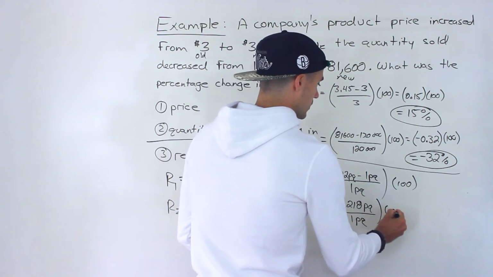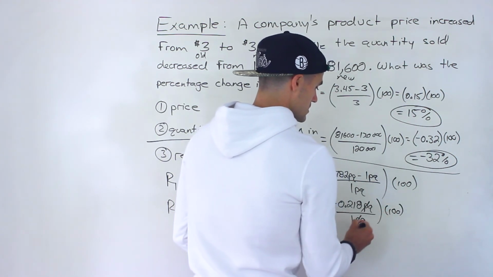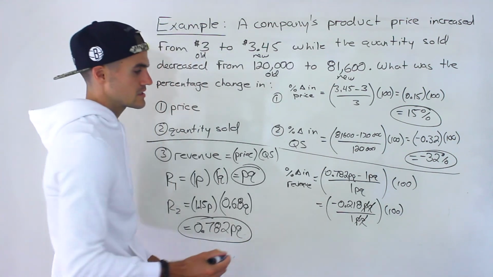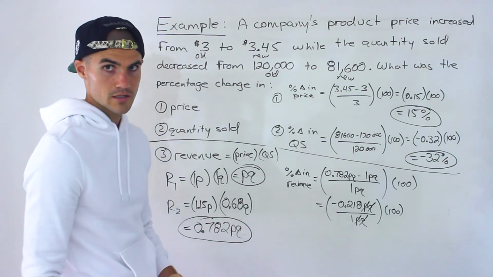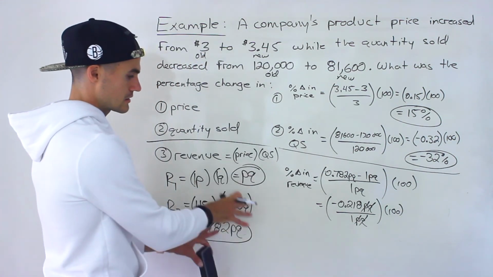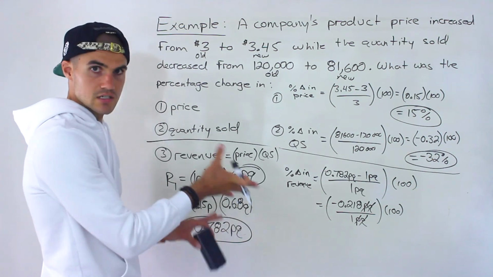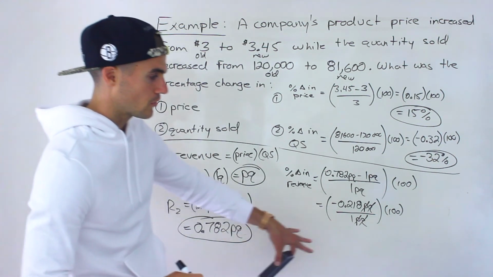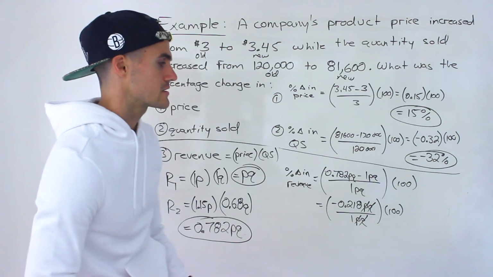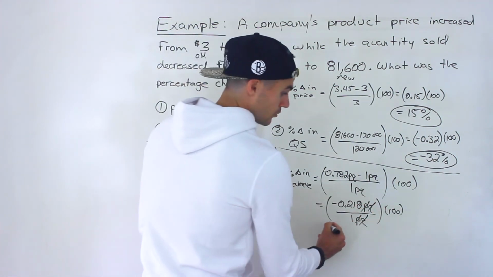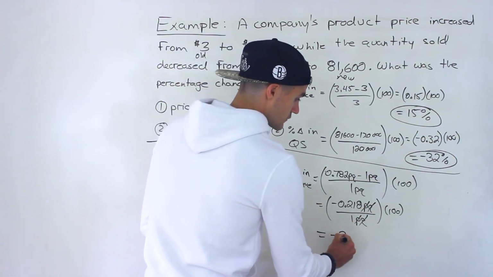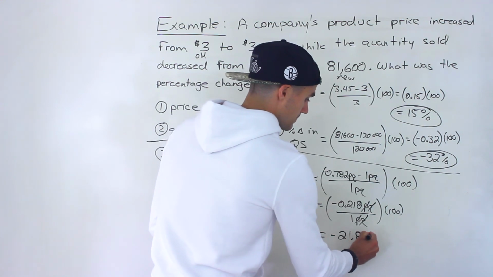And then what's happening? This cancels out. So it doesn't really depend on the price or the quantity sold. As long as that percentage increase and decrease is staying constant with whatever prices you use, they're going to end up canceling out anyway. Negative 0.218 times 100 gives us negative 21.8%.